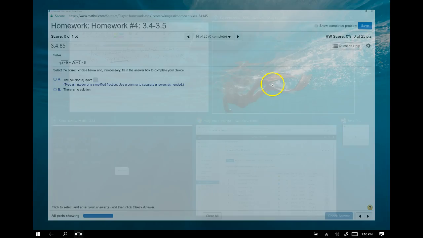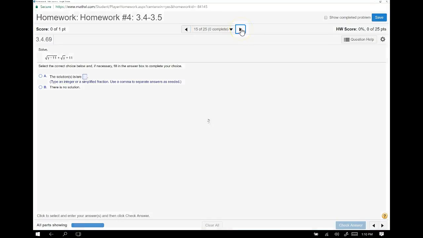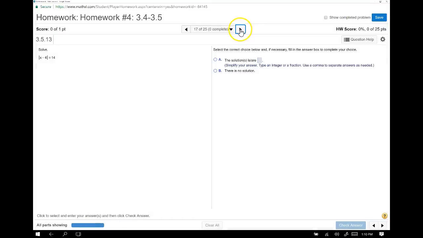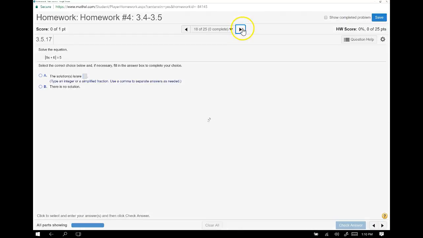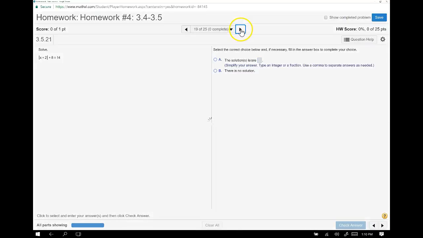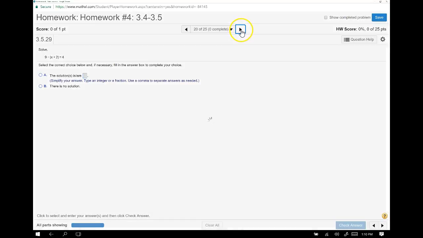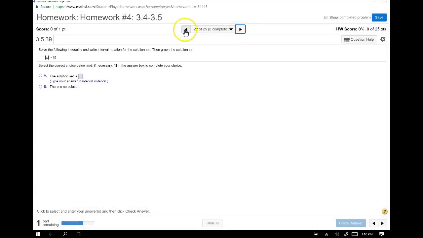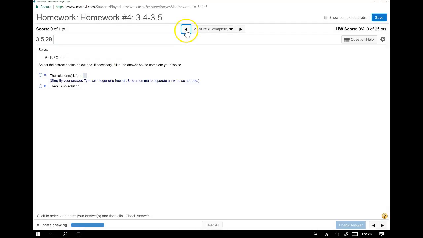So let's look at an example. Nine minus the absolute value of x plus 2 equals 4.